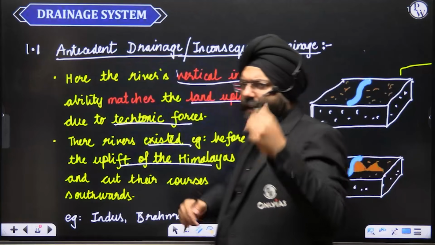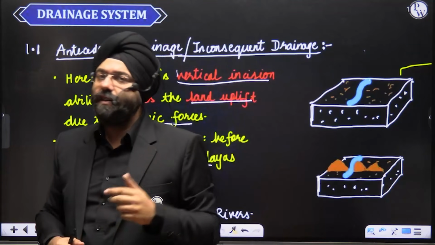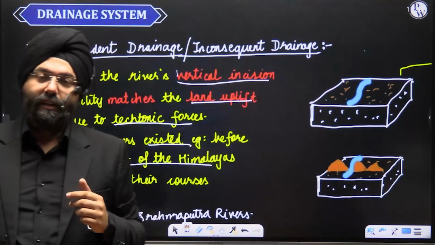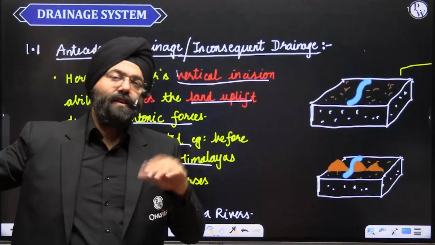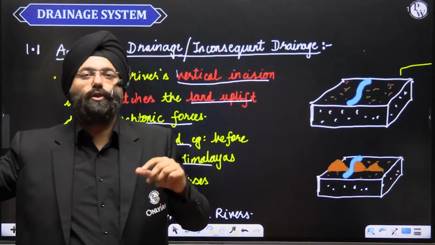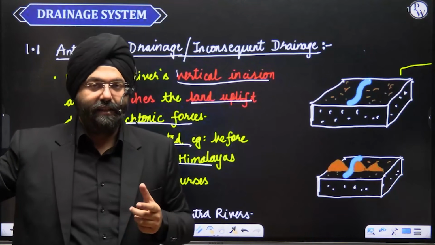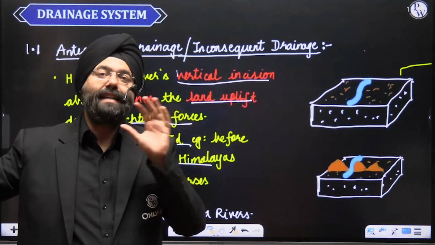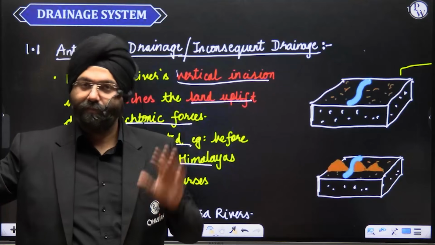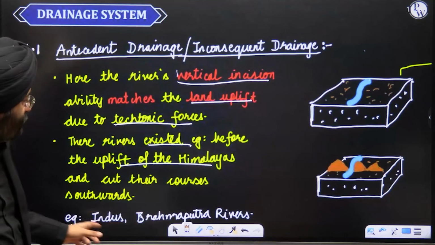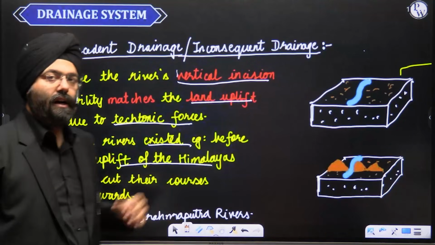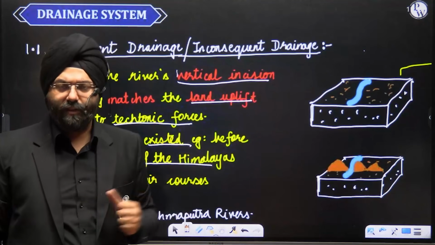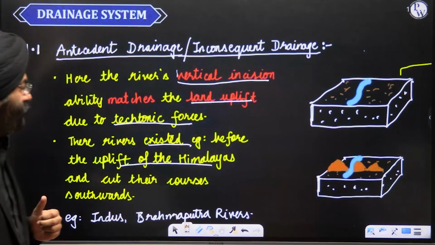So in simple words, a river that is flowing in a region even before the changes in the topography that took place, like in case of the Himalayas, those are known as the antecedent rivers. Clear? So this is an example. Indus, Brahmaputra are major examples of this, even Satluj for that matter. Clear? Let's move ahead.